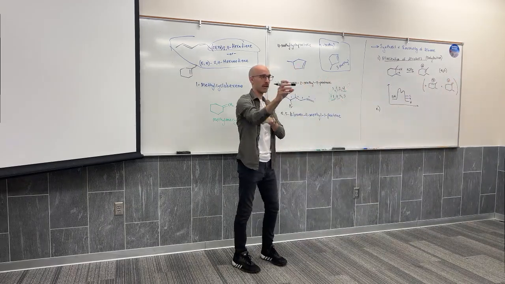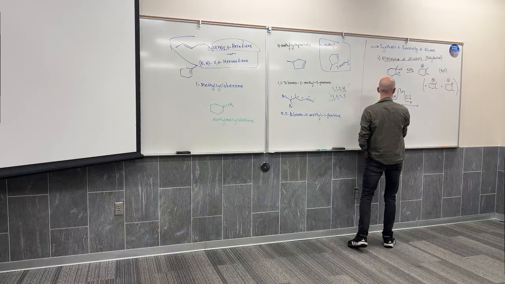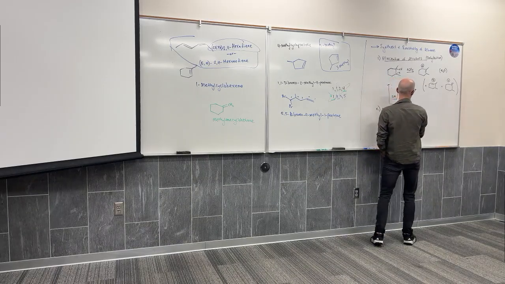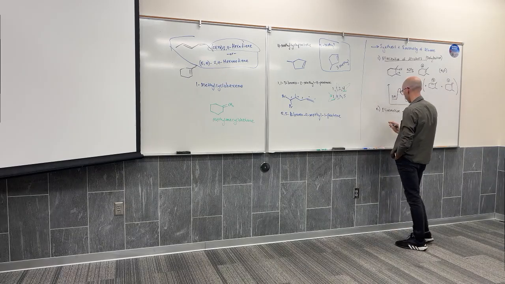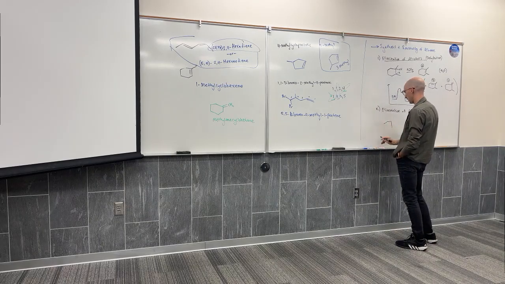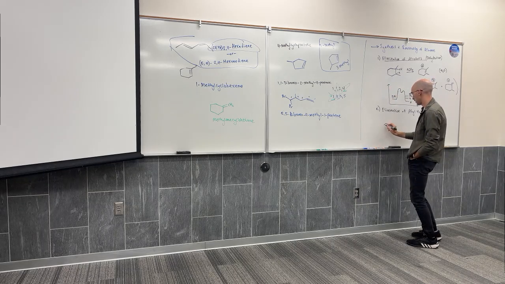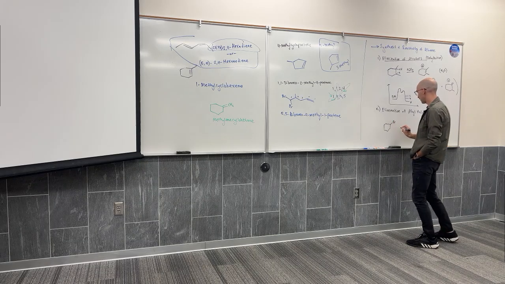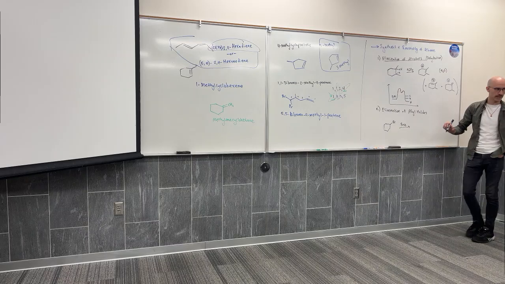Good. All right. The other way that we can form this is by elimination of alkyl halides. Now, with alkyl halides, things get a little bit more complicated in terms of regiochemistry and reagents.